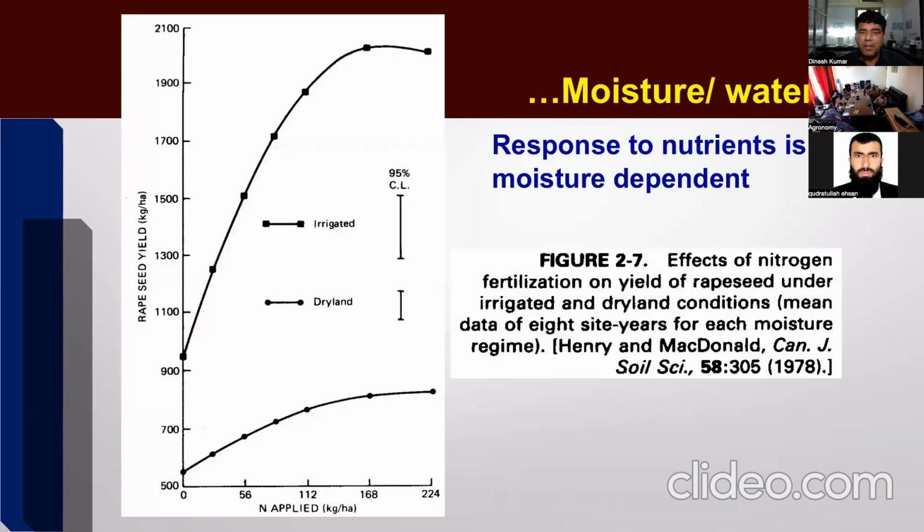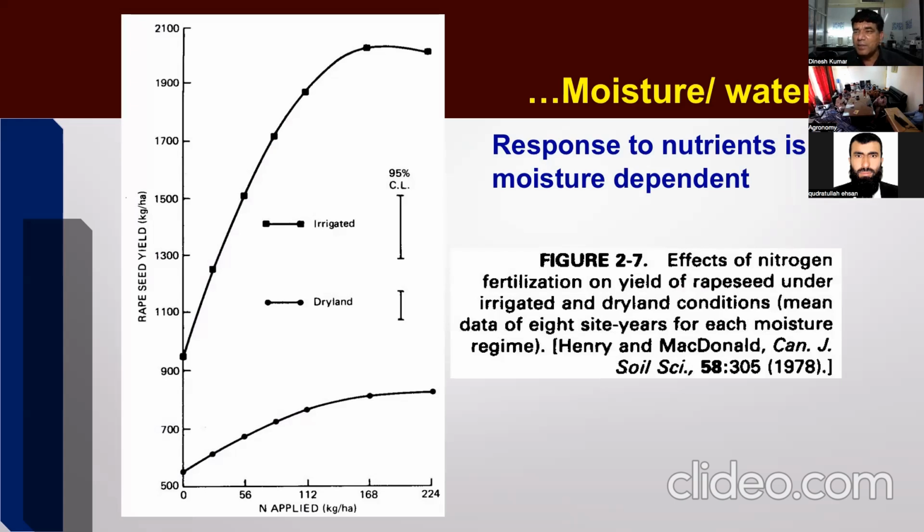Now you can see the growth or yield of the plant is related to the water content in soil in relation to nutrient supply. Or in other words, we can say that fertilizer and water have a positive interaction on plant growth and plant yield.